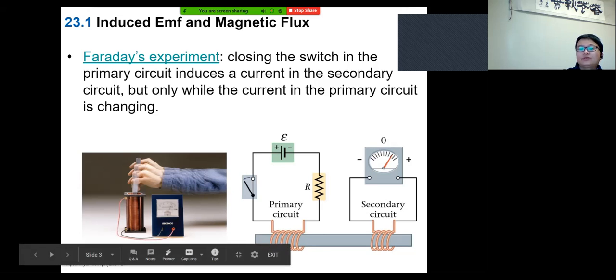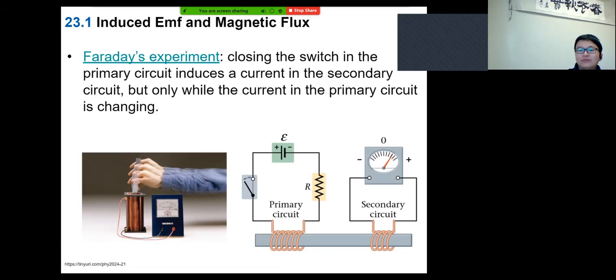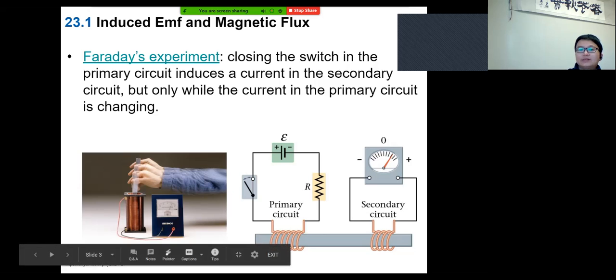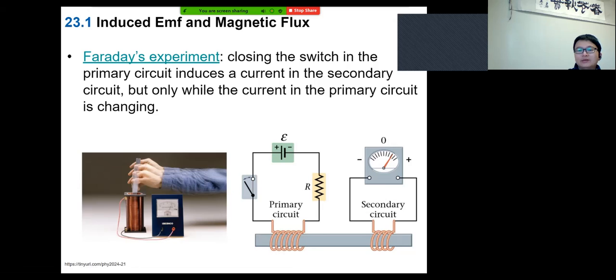If the two terminals of the secondary coil are connected to a galvanometer, then the moment you turn on the switch on the primary circuit, you'll see the galvanometer needle on the secondary circuit deflect. But shortly after you turn on the switch, the needle goes back to zero.